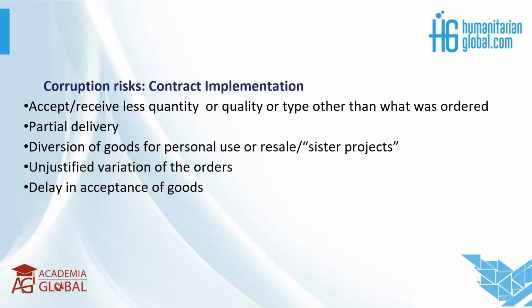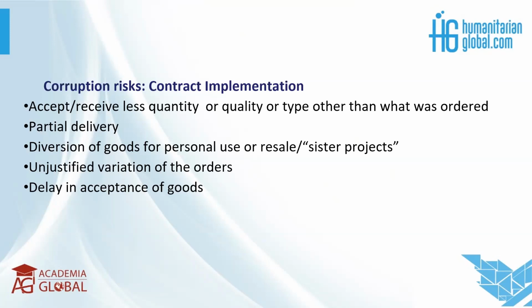So if there is any variation happening, if there is any partial delivery happening, all these things should be in writing so that we are able to justify that we changed quality from quality A to quality B, and these are the reasons, and they are in writing that we are able to produce in terms of audit or when anyone asks a question about it.